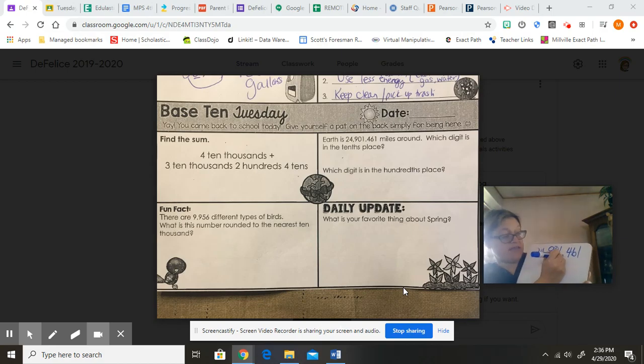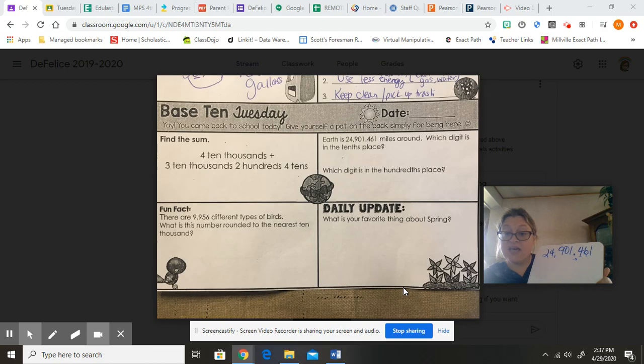So if you've been paying attention to your decimals, we know all of our place values to the left of a decimal: the ones place, the tens, the hundreds, the thousands, the 10,000s. But when we start going to the right of the decimal, this first place value is called the tenths place.